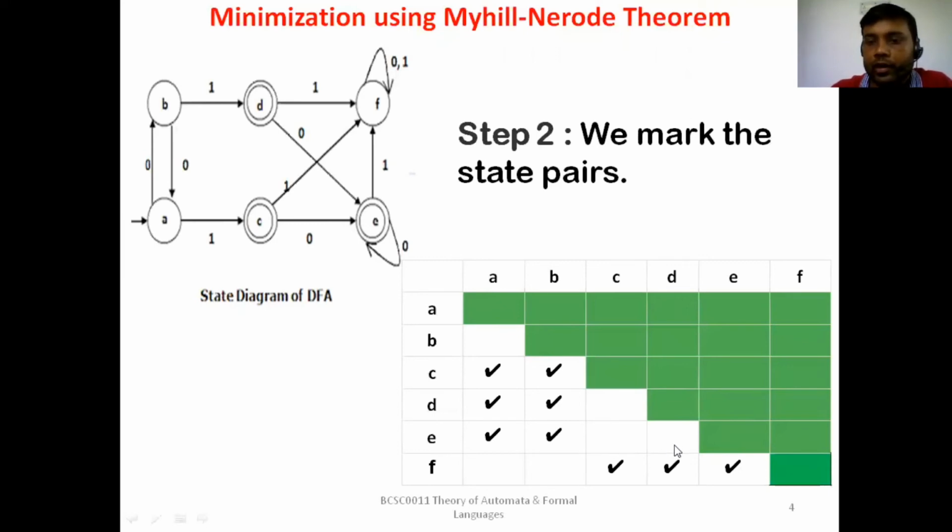In the same way, we look at the DE pair. The zero transition for D goes to E and the zero transition for E goes to E, and EE has not been marked earlier. In the same way, the one transition for D goes to F and the one transition for E goes to F, and FF has not been marked earlier. So therefore here also we cannot mark.